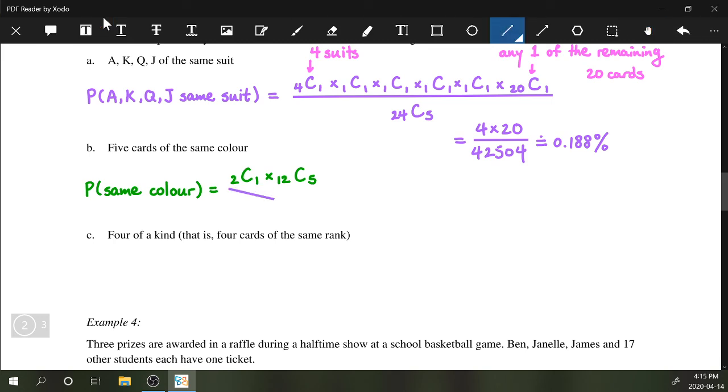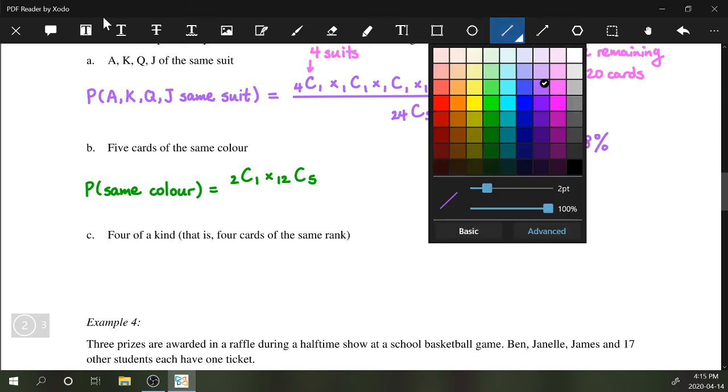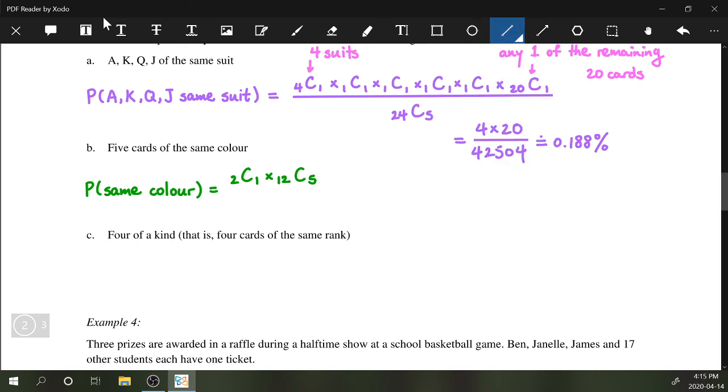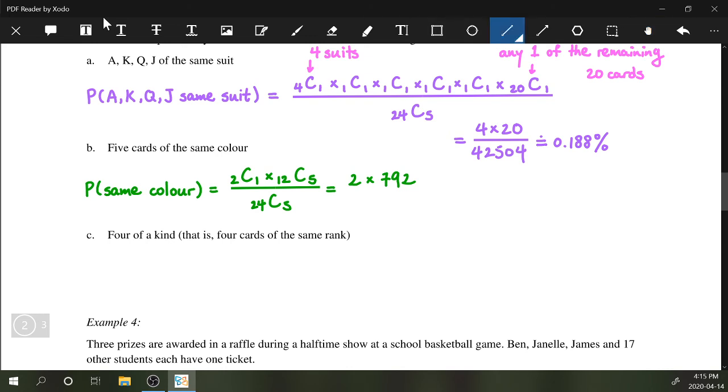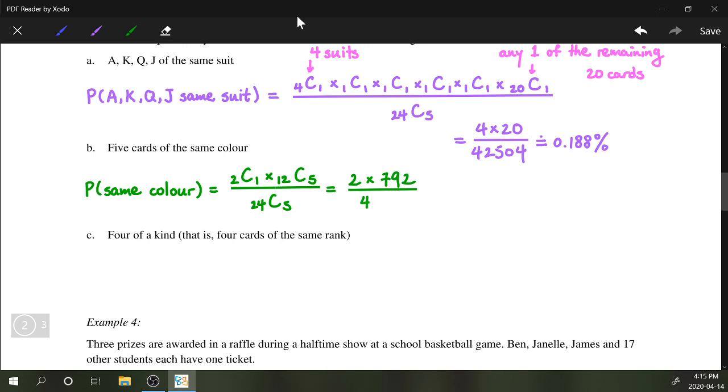Then you can divide by the total number of possible hands, so that would be 24 choose 5. So the first part is going to be 2 choose 1, which is 2. 12 choose 5, which is 792. And then we already got from the previous section 42,504.